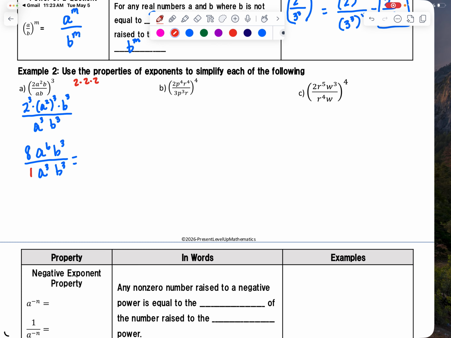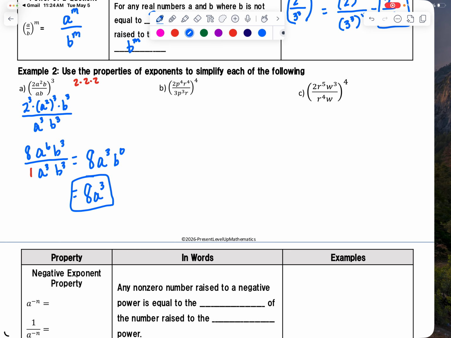Whoops, I meant to do that in blue. So if I divide 8 divided by 1, I get 8. And then we have a to the 6 divided by a to the 3. So 6 minus 3 would be 3. And then b to the 3 minus 3 would be b to the 0 power. Now remember, anything to the 0 power is 1, so this is just 8a cubed will be our final answer.